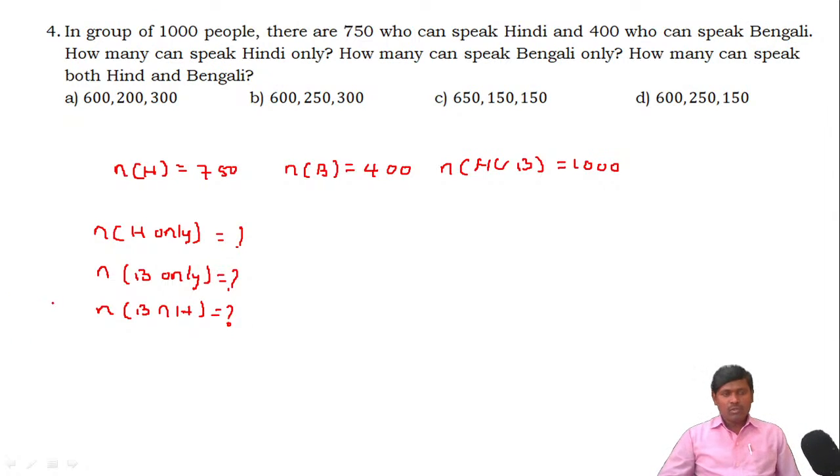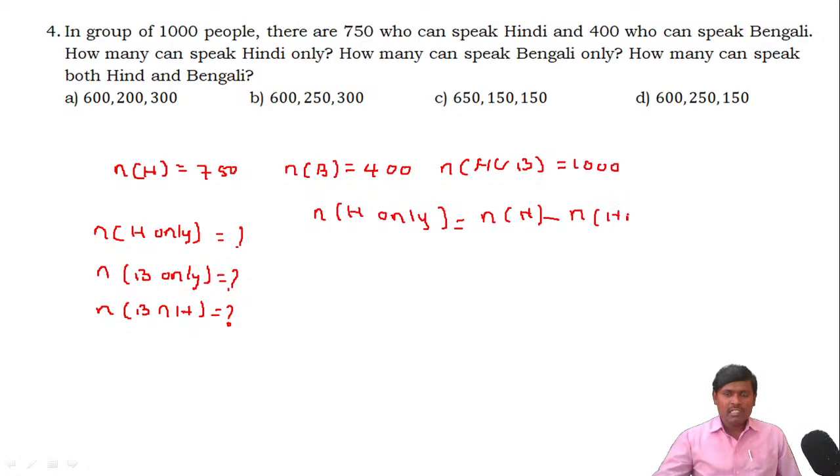To find n of H only, we have a formula: n of H only is n of H minus n of H intersection B. n of H is here, but n of H intersection B we don't know. So first we are going to calculate n of H intersection B, then it is easy to calculate the remaining two.